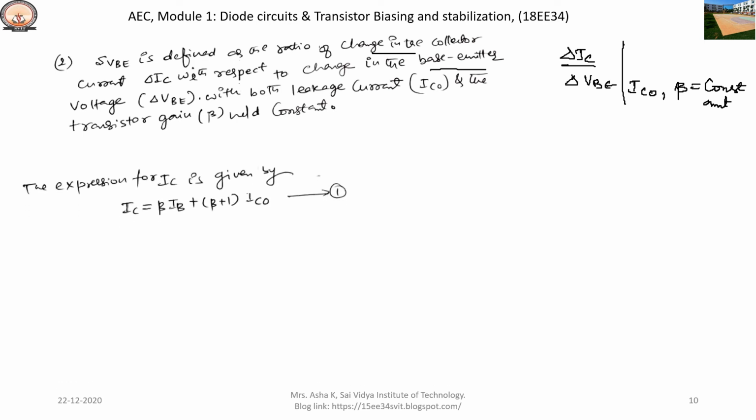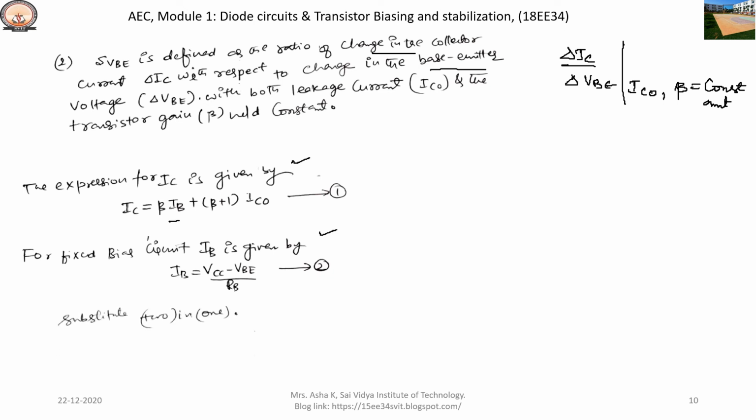Now, the expression for collector current is given by IC is equal to beta IB plus 1 plus beta times ICO. For fixed bias circuit, the base current is given by IB is equal to VCC minus VBE divided by RB. We are going to substitute equation 2 in equation 1.